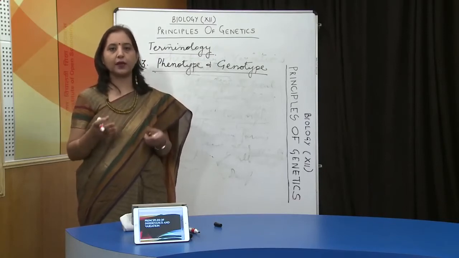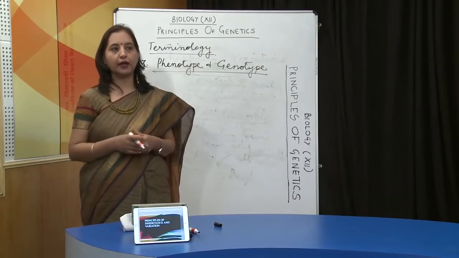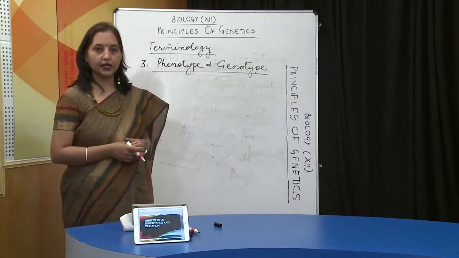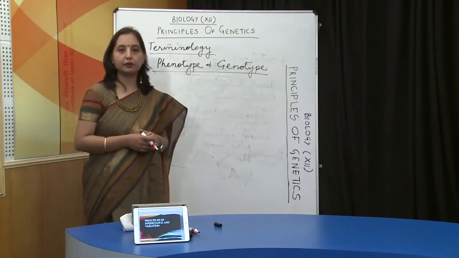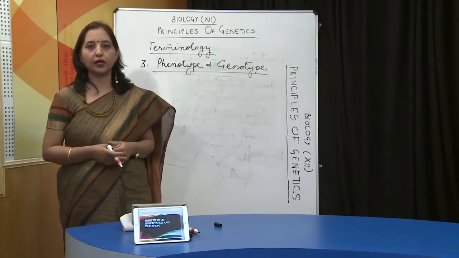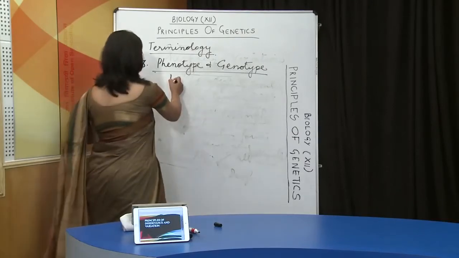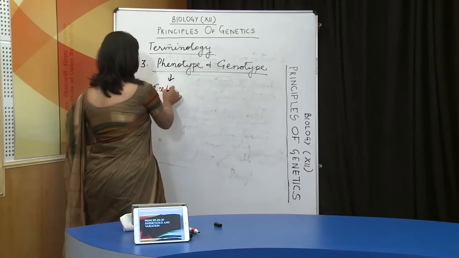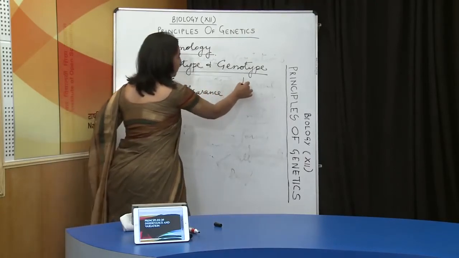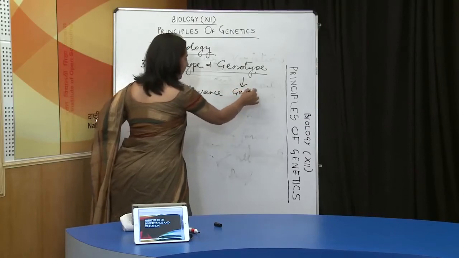So whatever you explain simply by appearance is called as phenotype, and genotype is the genetic makeup of an organism. That means what types of genes are there, are they all dominating or are they recessive. So phenotype means external appearance, whereas genotype means genetic makeup.